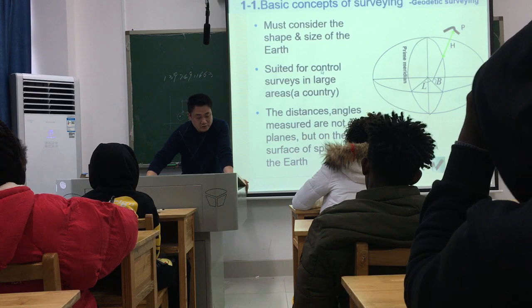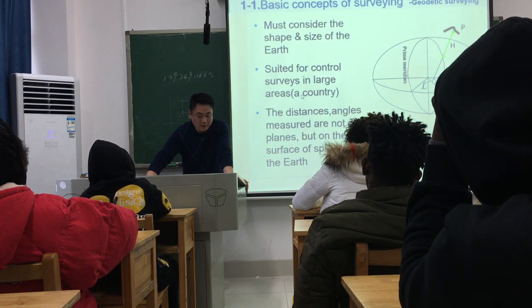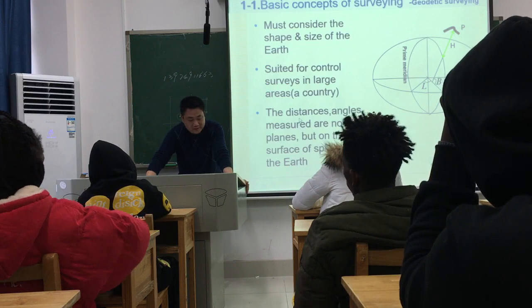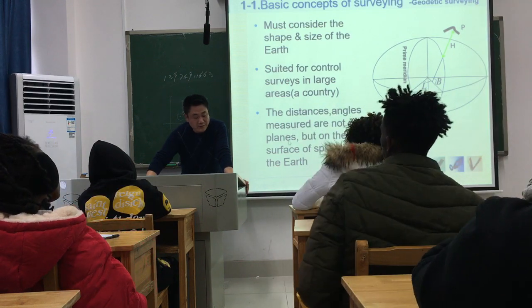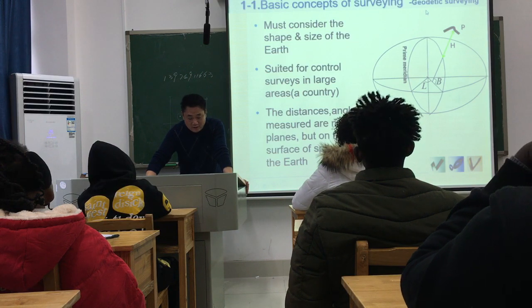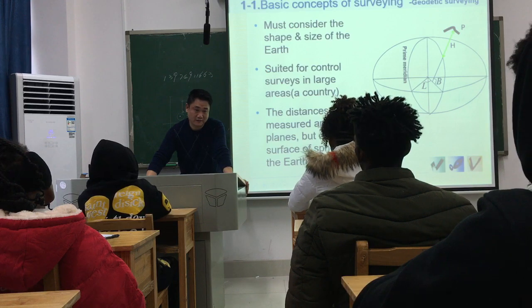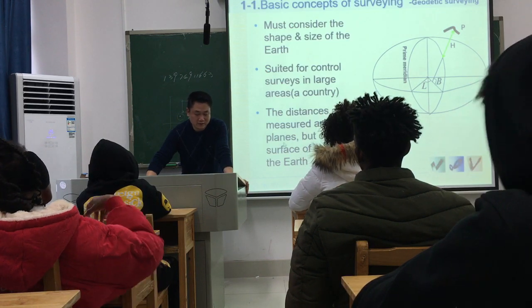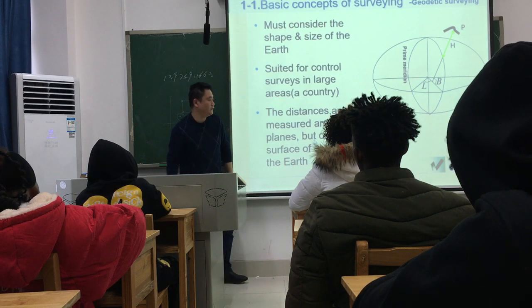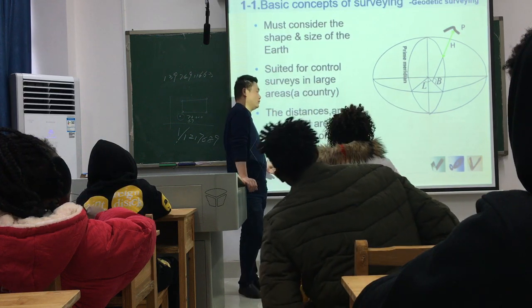So in geodetic survey, we use something else to express it. This is suited for control survey in a large area, for example, a country. In this situation, the distances and angles measured are not on planes. That means in geodetic survey, we can never think of the surface of Earth as a plane surface. We must consider the curvature, on the surface of the spheroid of the Earth.